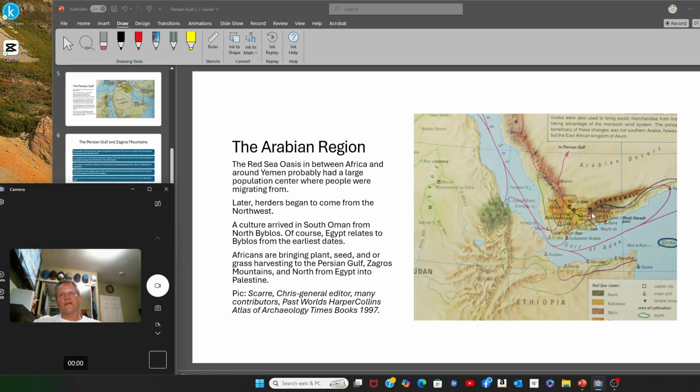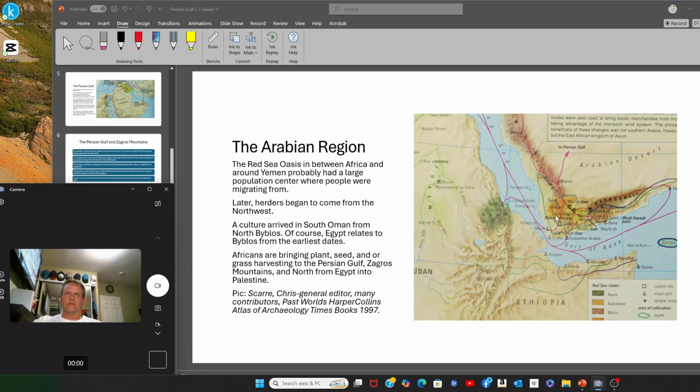This is a later map, but trade routes stay the same pretty much forever, unless something changes the path, because people usually find a better path and stick to it. So most likely there's a big population here in Axum, and then the oasis across on the other side as well, here in the southern part of Yemen, where these other kingdoms are at.